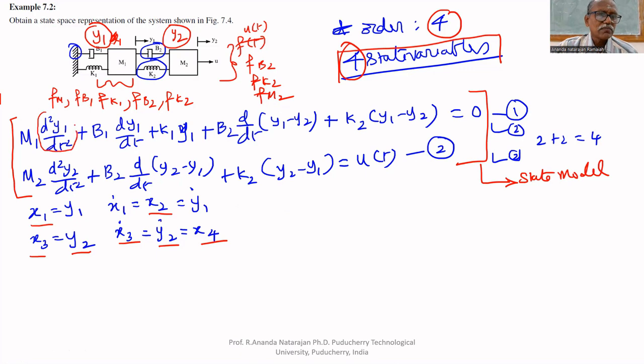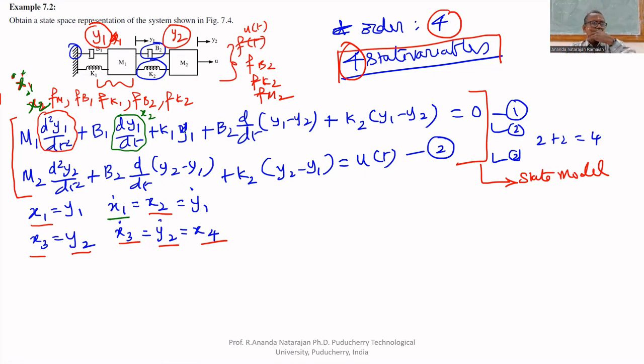The second derivative of y1 is x2 dot, or we can say x1 double dot, because x1 is y1. Then y1 dot equal to x2 or x1 dot.